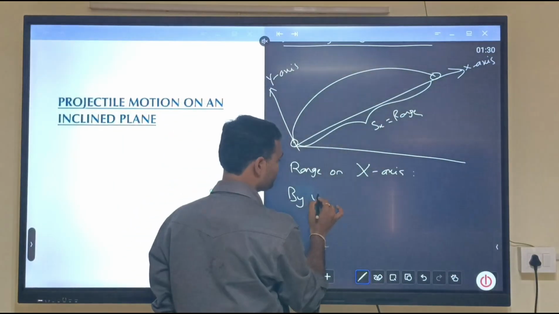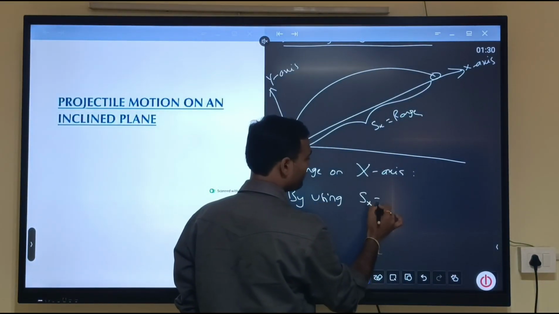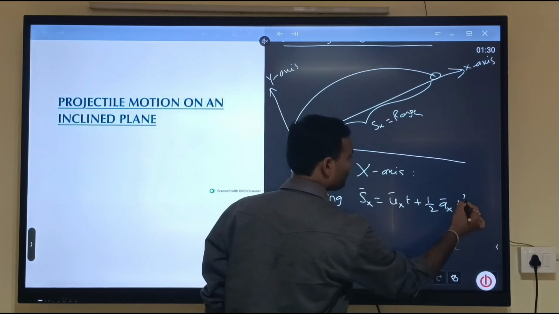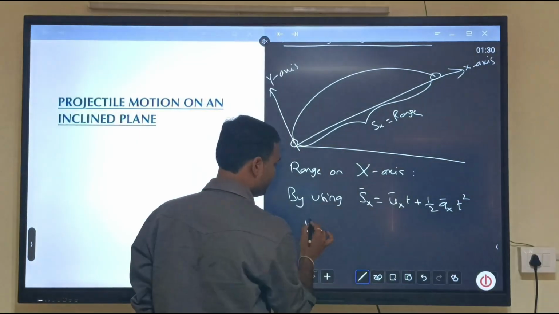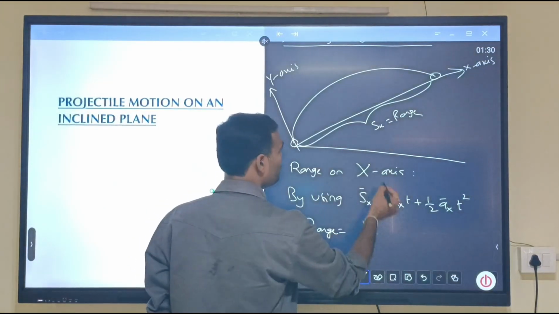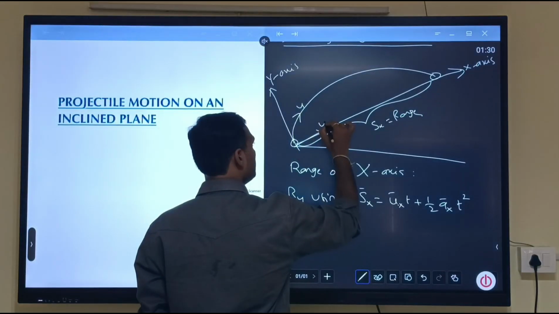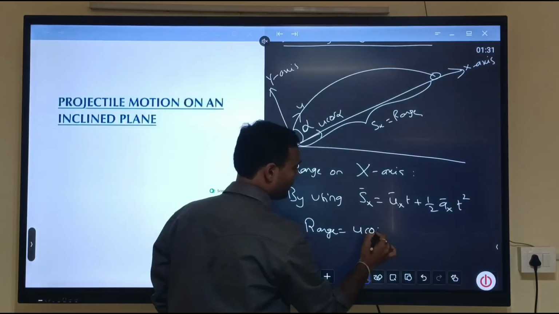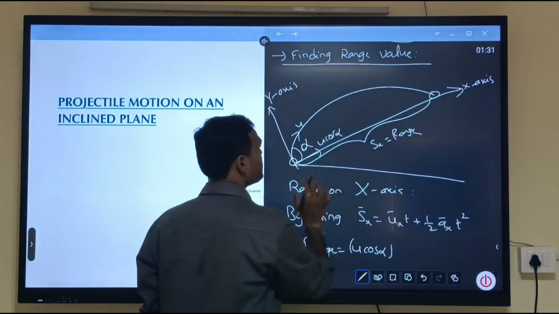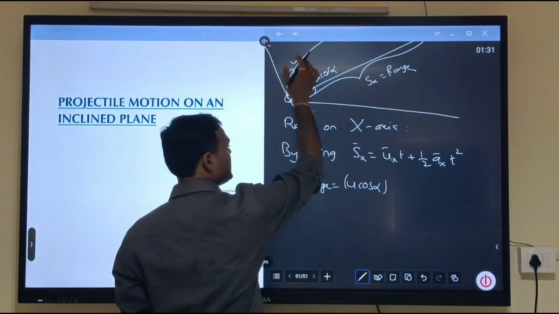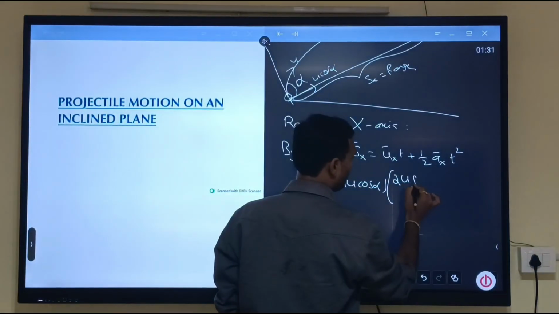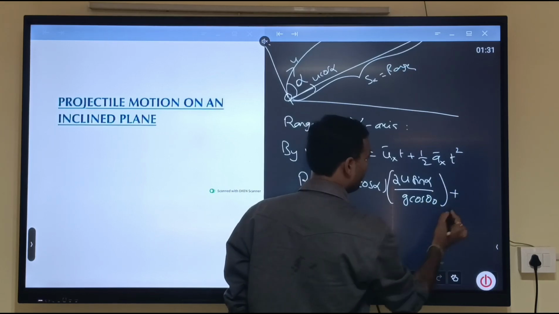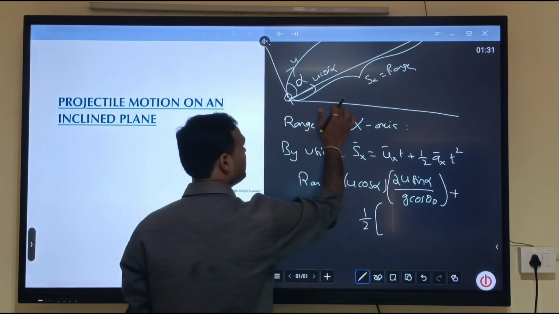Now, by using Sx is equal to ux t plus half ax t square. Right? Then Sx is range and ux is, as I told you, this will be u cos alpha. So u cos alpha into time, which we found as 2u sin alpha by g cos theta naught, plus half acceleration on x-axis.